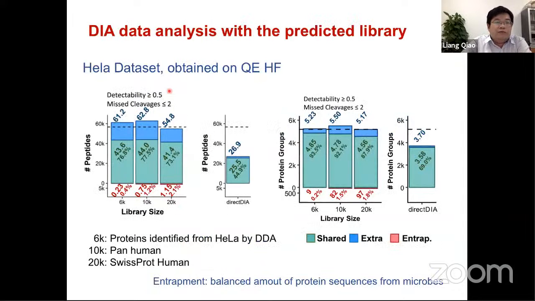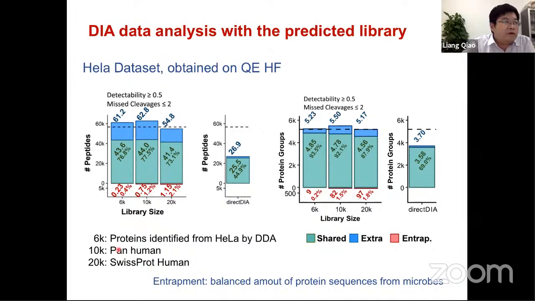So with the prediction, we can then generate the spectral library, and then we use the predicted spectral library to analyze the DIA data. Here we use a HeLa data set, which is from the QE HF. We use 3 different protein sequence databases. The 6K means proteins identified from HeLa by DDA experiments, 10K means the pan-human, and 20K is the Swiss-Prot.